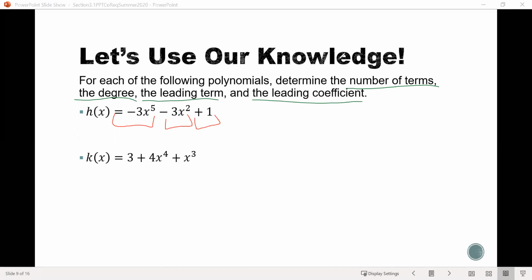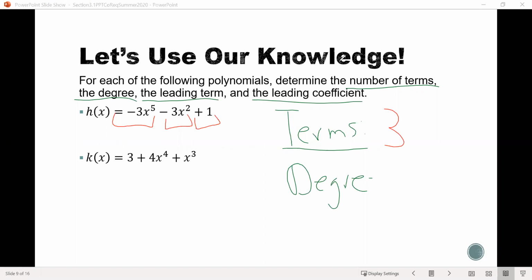The number of terms in this one would be 3. The degree, again, is going to be the highest power we see. In this case, the highest power is a 5, so the degree would be 5.